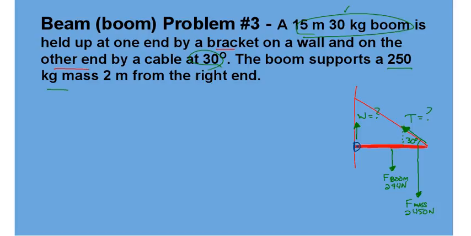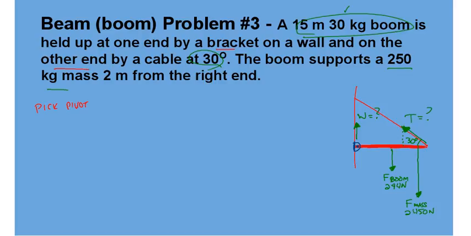Okay. Well, you know that the next thing we need to do is to pick a pivot point. And you know that if possible, we want to pick an unknown point because that knocks that unknown force out of our torque equation.